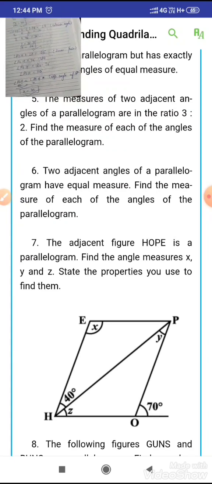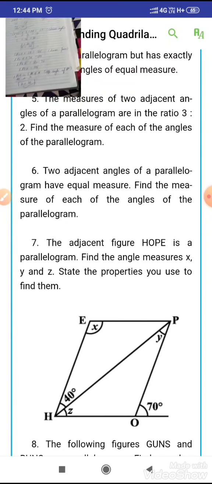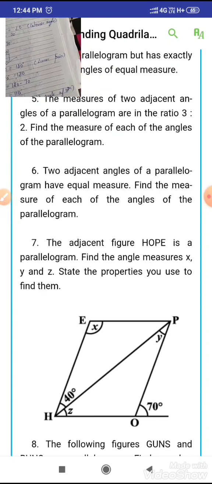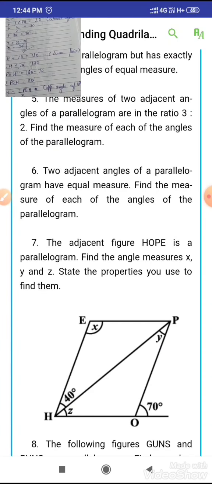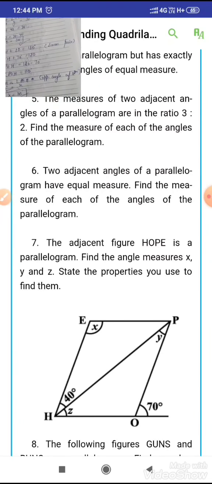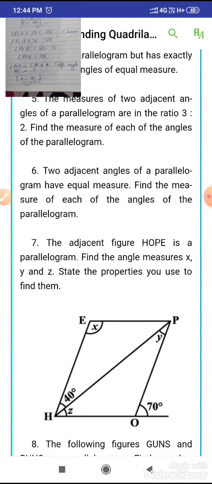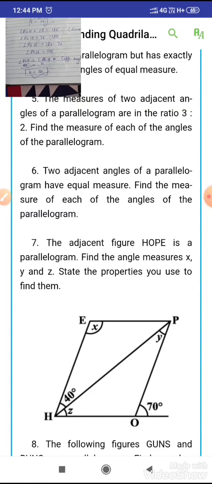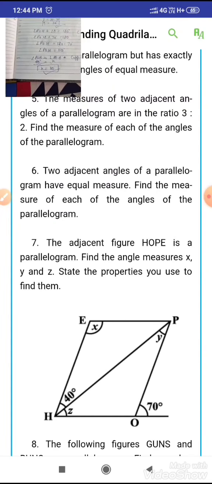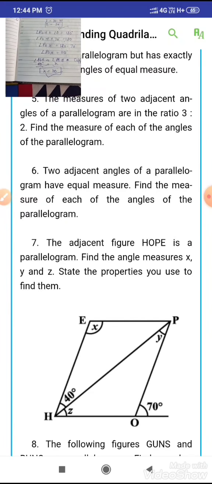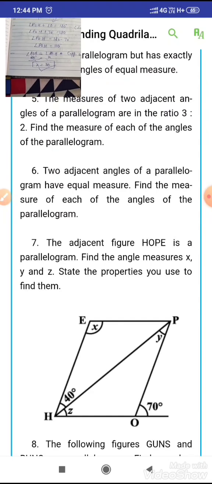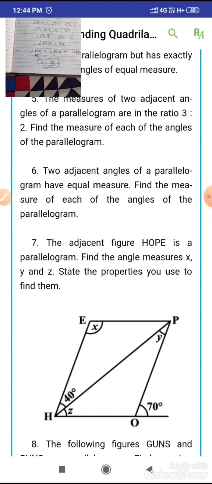By using the linear pair property, first we write angle POH plus angle O is equal to 180 degree, angle POH plus 70 degree is equal to 180 degree, angle POH is equal to 180 minus 70 degree, and angle POH is equal to 110 degree. As we all know that angle POH is equal to angle PEH because opposite angles of a parallelogram are equal. So angle x is equal to 110 degree.